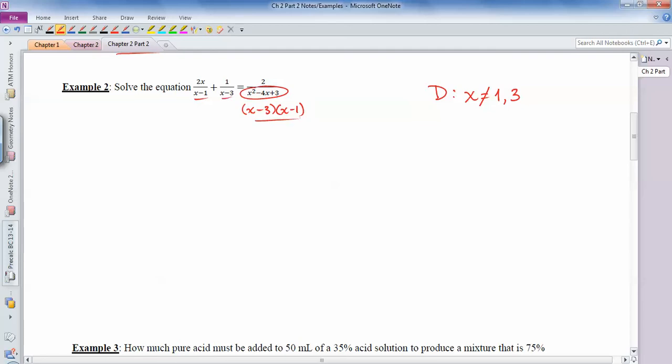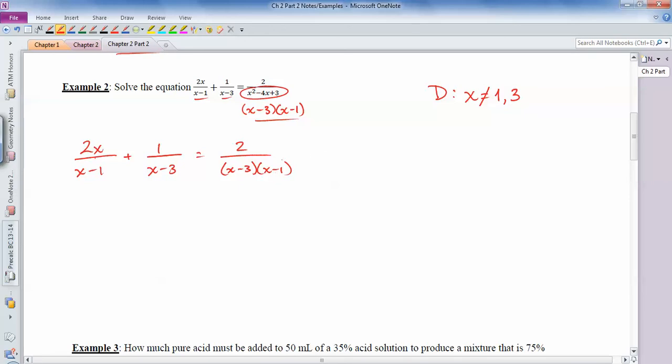So let me rewrite this here: 2x over x minus 1 plus 1 over x minus 3 equals 2 over x minus 3 times x minus 1. If you hadn't figured it out, probably the best way to deal with this is to bust it, as Mr. Omashny would say.